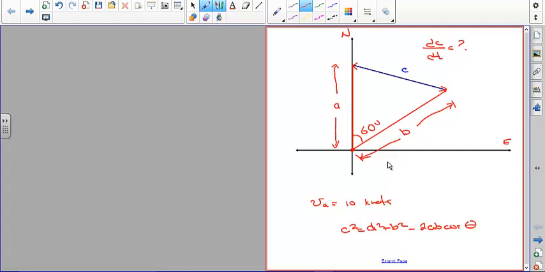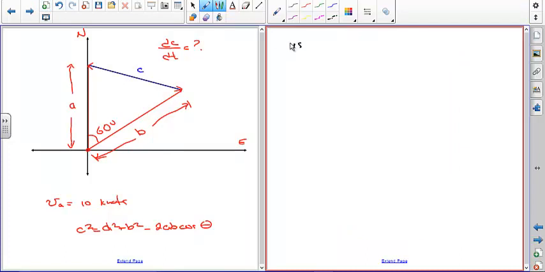And then the other thing you'll need to know is what are the values, because when you take the derivative here and here and here, and also here, you're going to end up needing to know A, B, and C. So you're going to use the law of cosines to find C. So the distance A is just going to be equal to V sub A times the time, and the distance B is going to be V sub B times the time.